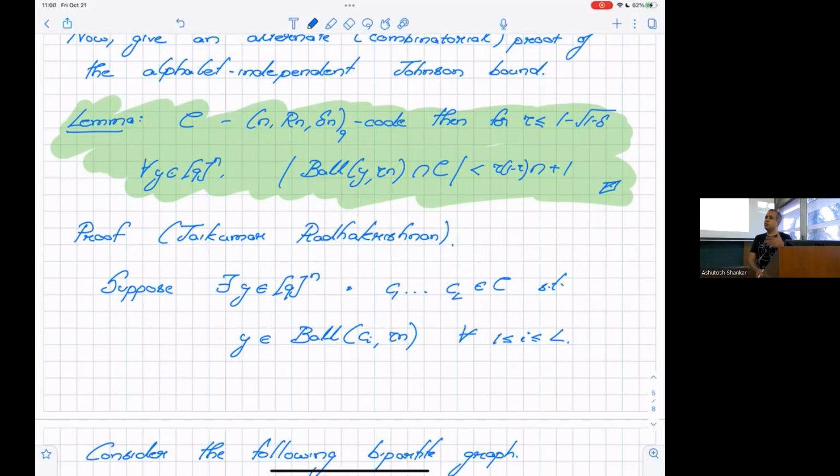Together, they show that the Reed-Solomon code is efficiently list decodable all the way up to the Johnson radius. This will be the topic for our next lecture. I think I will stop here already.